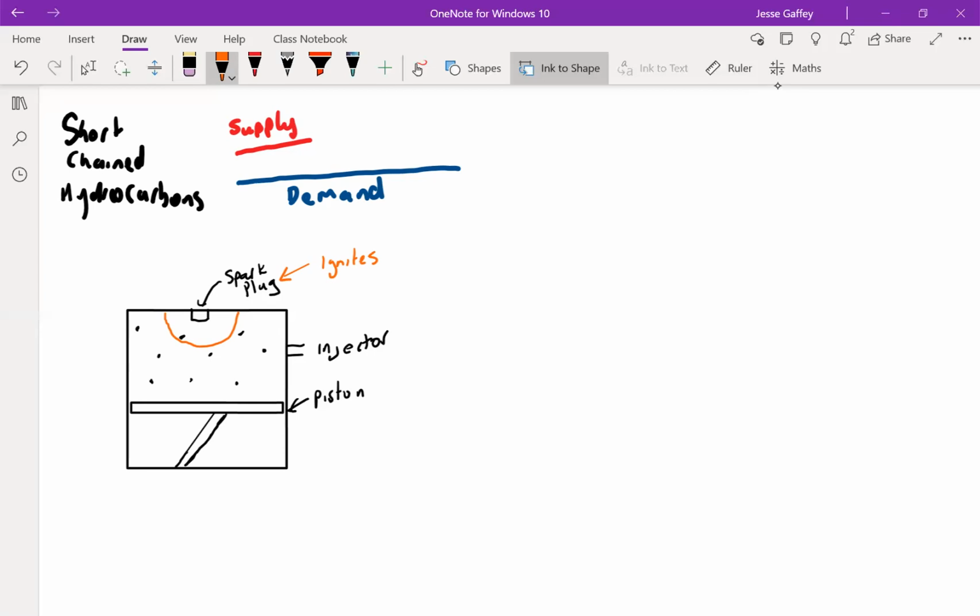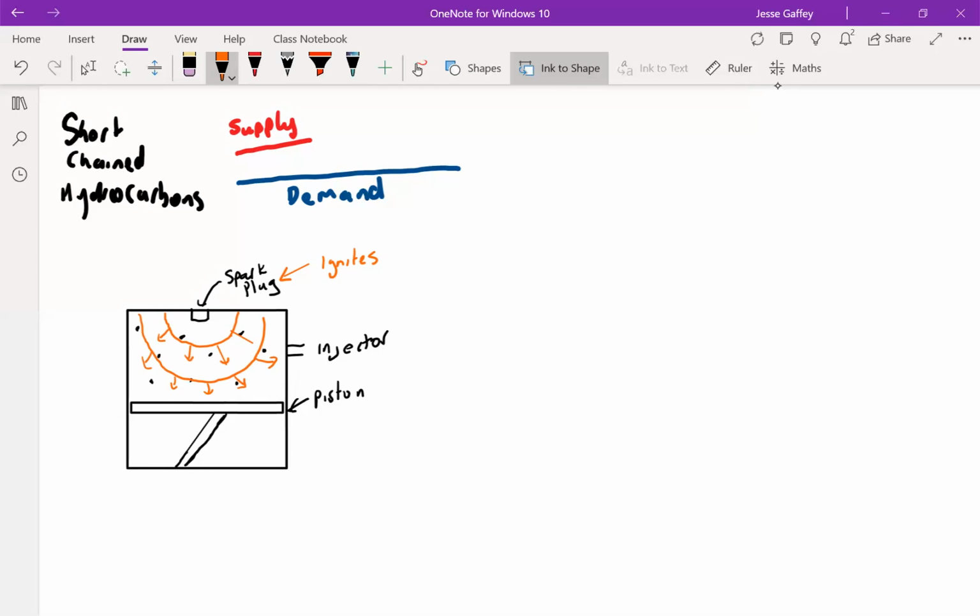So the spark plug creates the spark, and at that moment, the fuel in the area around the spark plug catches fire. And as it catches fire, it moves out in a smooth motion away from the spark plug, causing the next particles to catch fire. So it's like a wave of fire moving out from the spark plug, and it's very smooth.